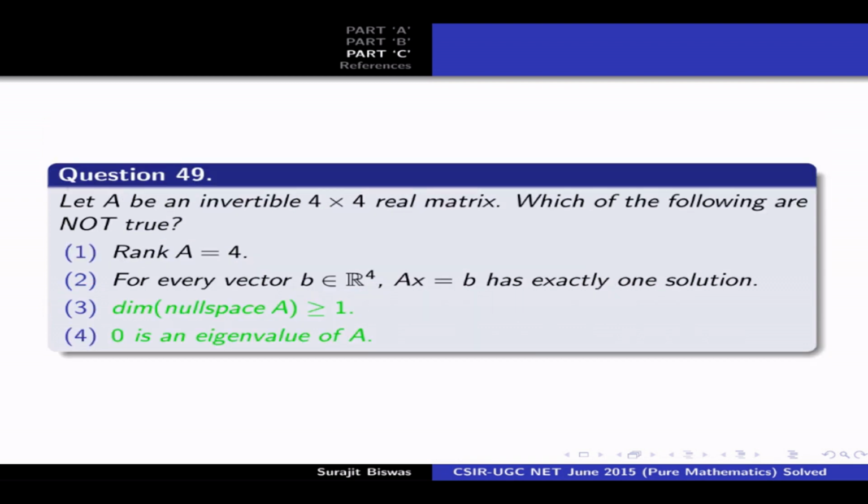Let A be an invertible 4x4 real matrix. Which of the following are not true? Rank of A equal to 4. So first we will show that yes, rank of A equal to 4 is true, and therefore it is not a correct option to choose.